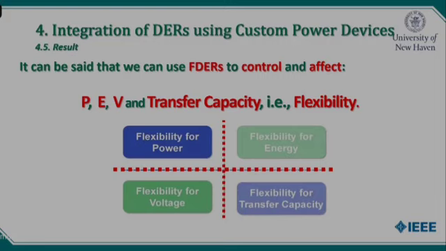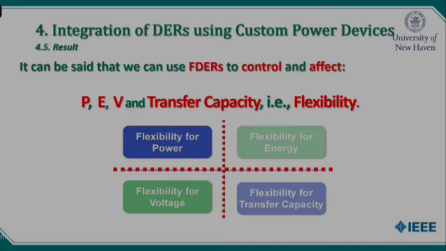Okay, I want to have a short conclusion based on these slides. It can be said that we can now use these flexible DERs to control and affect power, energy, voltage, and transfer capacity. That is flexibility, which is important for us.